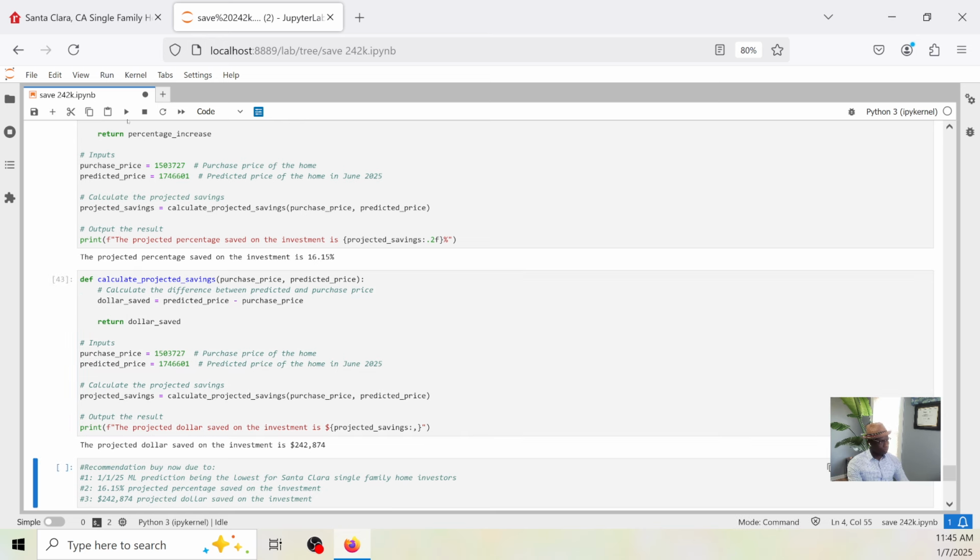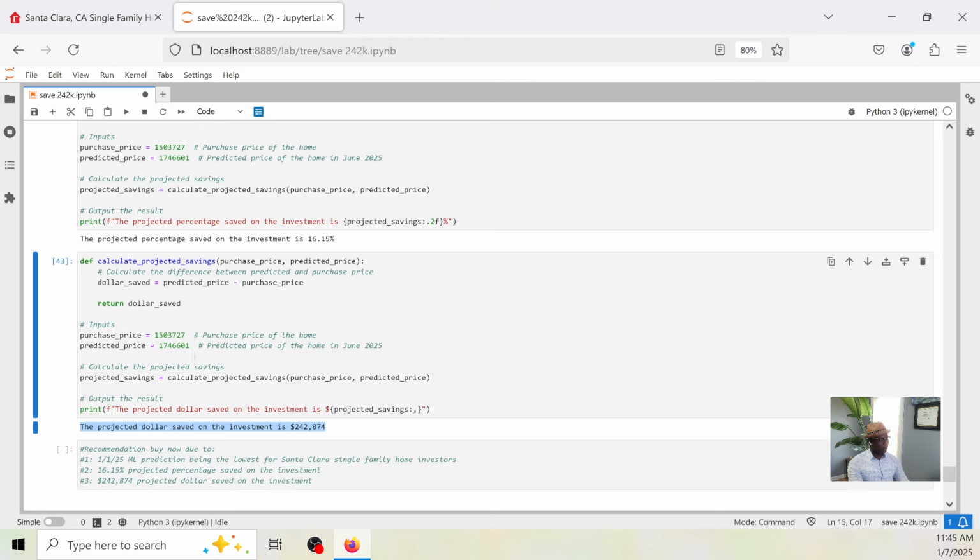So doing that, we can see that the projected dollars saved on an investment would be $242,874. Over 242K saved, making a purchase this month sooner as opposed to waiting until June 2025 when the prices are predicted to be 1.74 million.